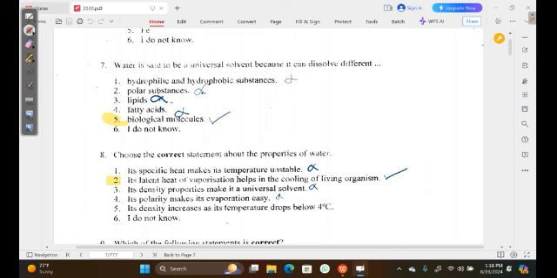Then option 5 is saying its density increases as its temperature drops below 4 degrees Celsius. This is also wrong because we established that water has its highest density when it reaches 4 degrees Celsius, which makes this wrong as well. So let me just clear this and we can move on to question 9.